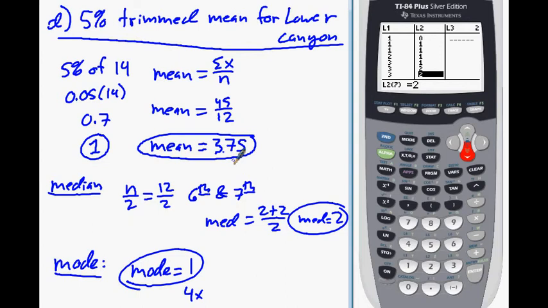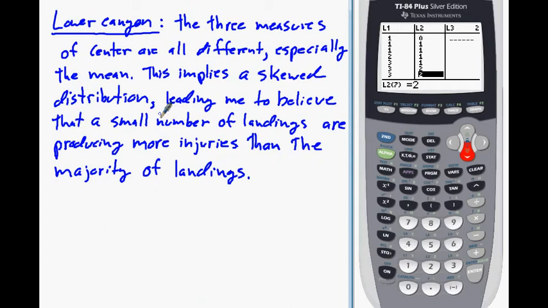So that's, again, reinforcing that conclusion that I was writing about here, leading me to believe a small number of landings are producing more injuries, a small number of extreme values. So as the operator of the Grand Canyon tour company, I can look at that data and say, all right, I need to identify which of those landings is producing those extreme values and focus on the safety measures around those.